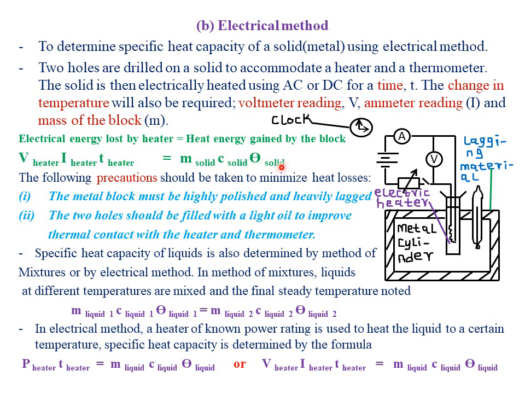If you want to find the specific heat capacity of the solid, you simply make C the subject of the formula, so that the specific heat capacity of the solid is given by the voltage multiplied by the current times the time for heating, divided by the mass of the solid multiplied by the temperature change of the solid.